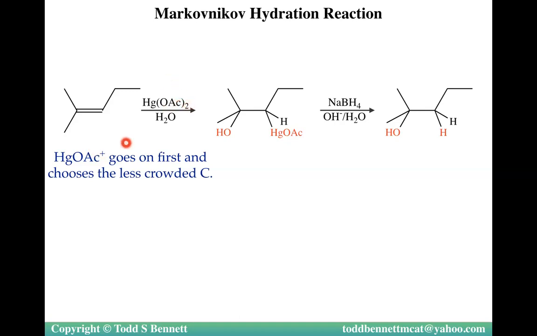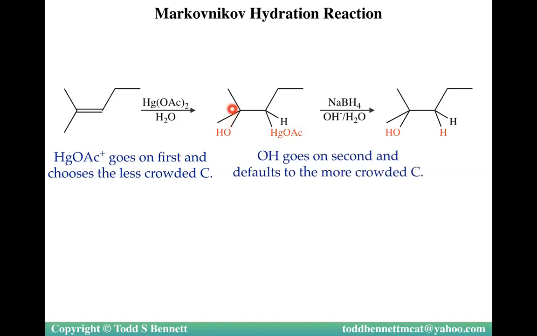So an OAc minus is left, and that leaves this as a plus. This will go out and get that plus by attacking mercury. So it bonds to mercury, that leaves a plus charge on the neighboring tertiary carbon that water will attack. So the first group on, in this case HgOAc plus, chooses the less crowded carbon. OH, in the form of water, will go on the more crowded, and then you reduce it down.